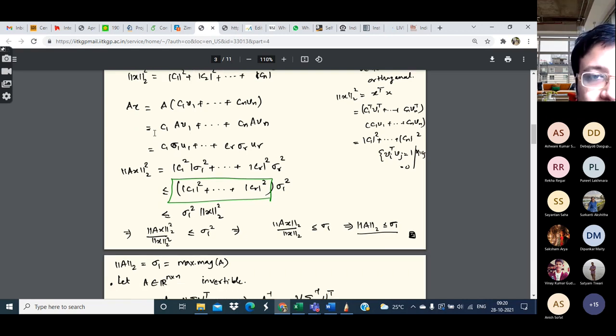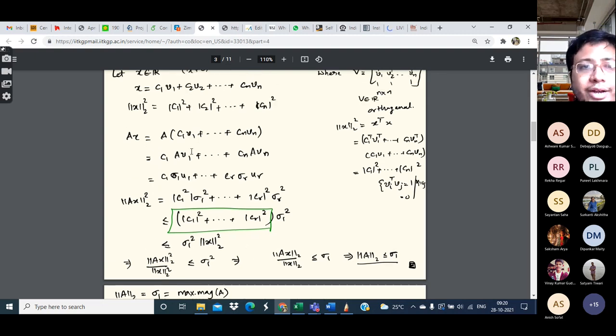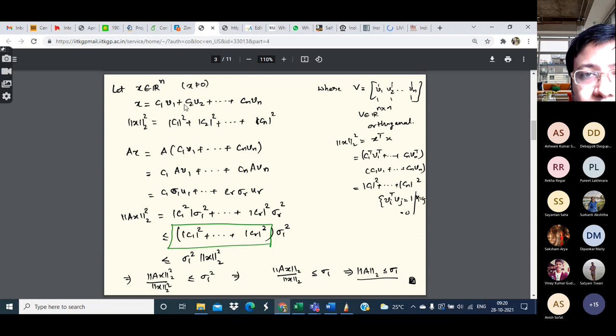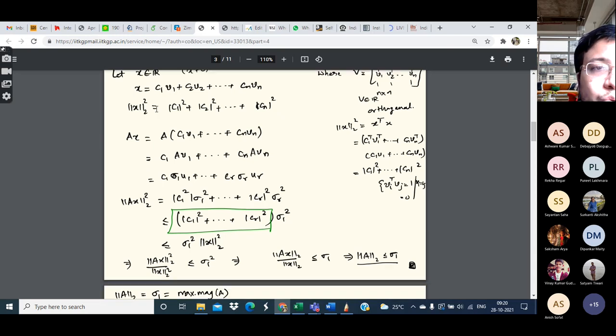So now if I want to take the L2 norm of this vector, you can understand that just like v1, v2 up to vn, they were orthogonal unitary vectors, similarly u1, u2 up to ur are also orthogonal unitary vectors, just like the previous case. So the same result I can apply here. The only difference is that this time the coefficients are c1 sigma 1, c2 sigma 2, etc., and cr sigma r.